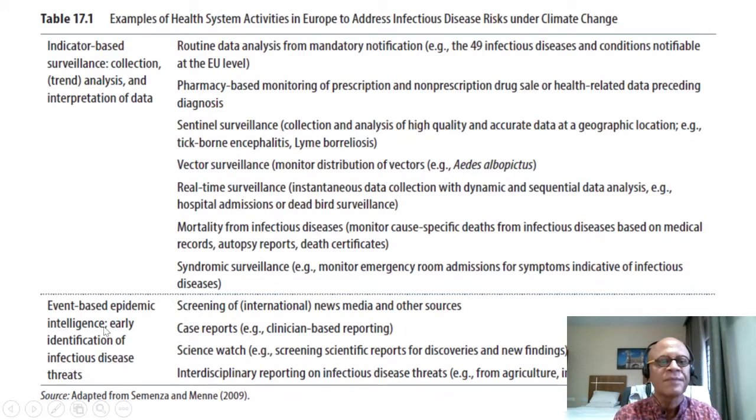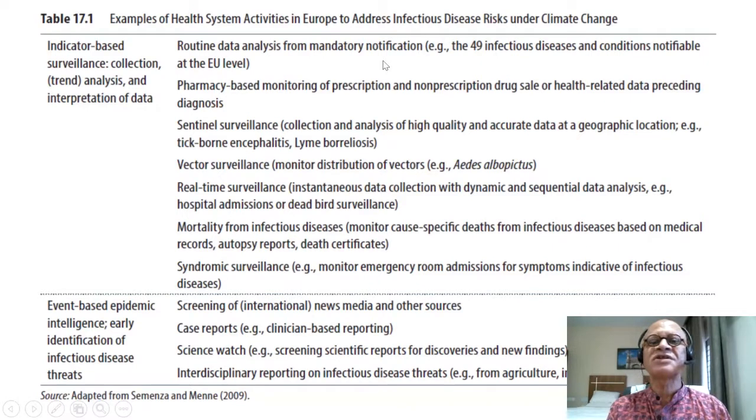Okay. Event-based epidemic intelligence, early identification of infectious disease threats, which include screening of international news media and other sources, case reports, science watch, interdisciplinary reporting of infectious disease threats, for example, from agriculture, industry, environment, and so on.